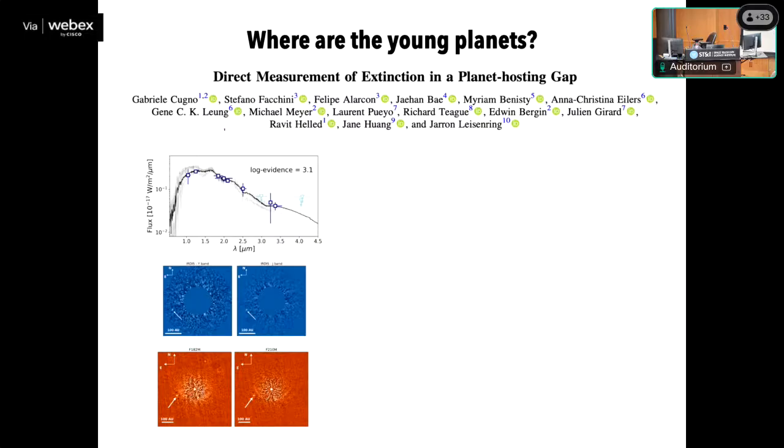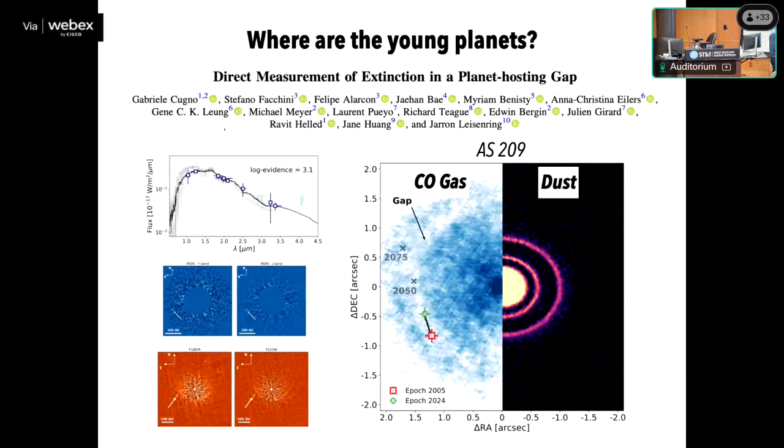Now it turns out these background stars have some utility. Some of them do. In this case, this was a really, I think, creative example of using this background star to build an SED. And it happens to fall exactly within a gas gap here, a CO gas gap of the star AS209. This is one of these famous young disks with beautiful dust structure. The CO emission extends farther out, and you can see it falls within one of these lanes.